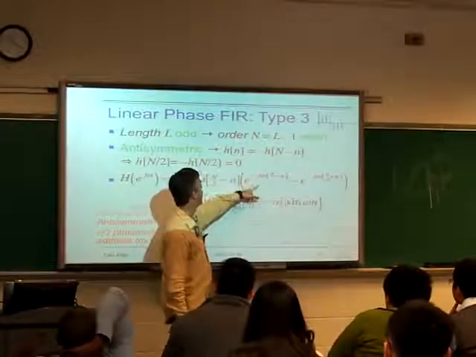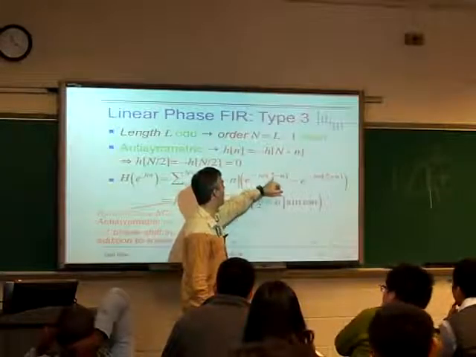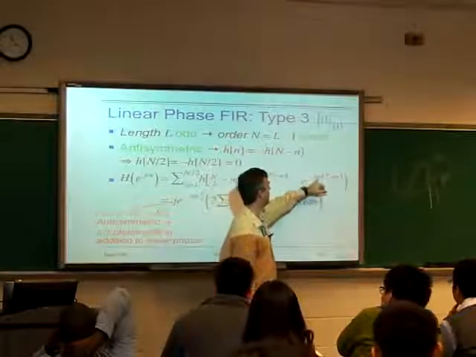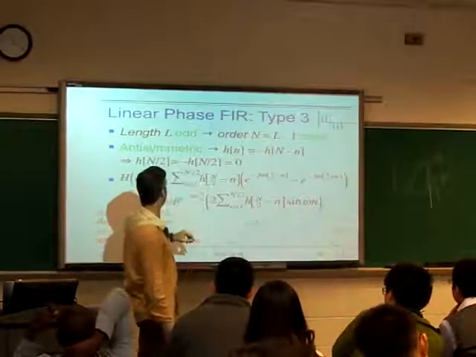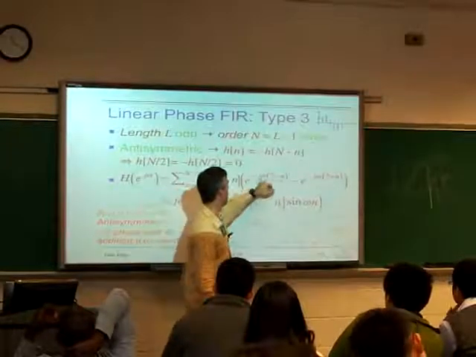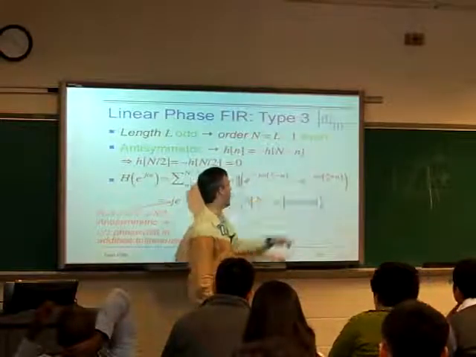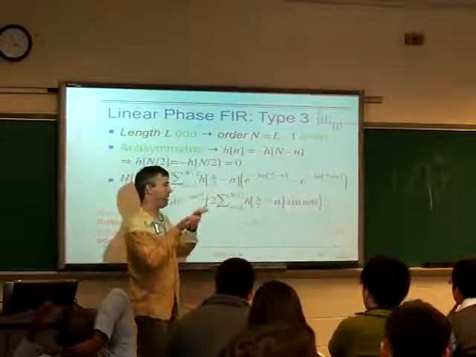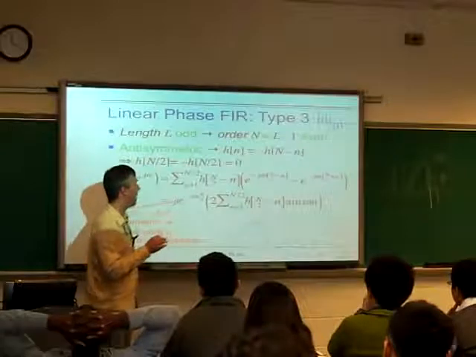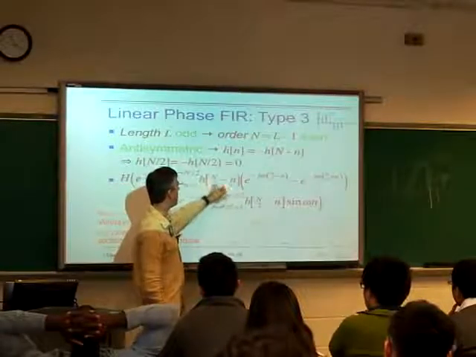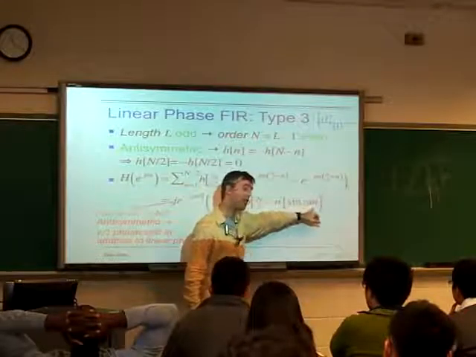So if we count out from the middle again, it's going to be h of n times e to the j omega (N on 2 minus n) minus e to the minus j omega (N on 2 minus n). After we take out the e to the minus j omega N on 2 term, we get e to the j omega n minus e to the minus j omega n, which, if we do the cos plus j sine expansion, cancels out the cosines and leaves us with the 2j sine parts. So now we have the h of n terms as coefficients for a set of sine basis functions.